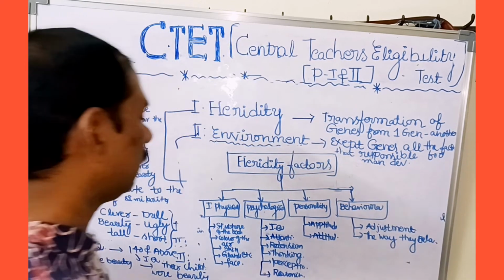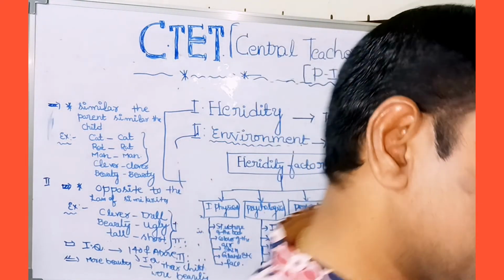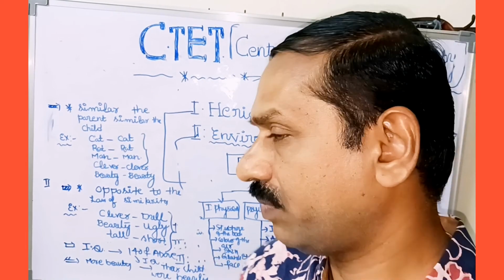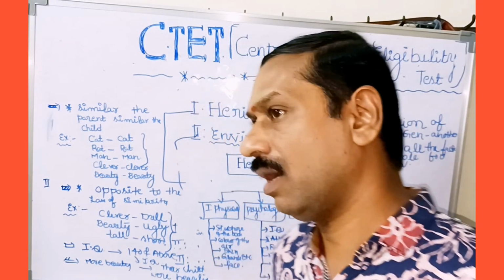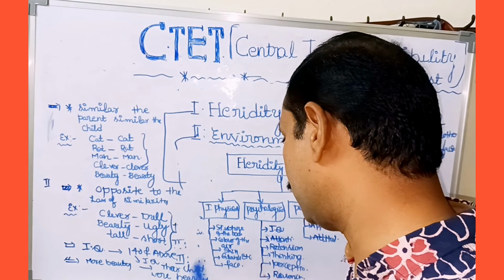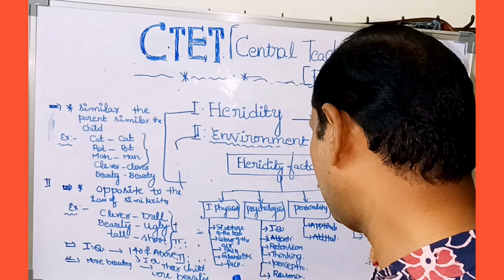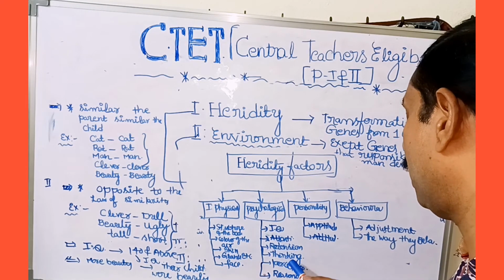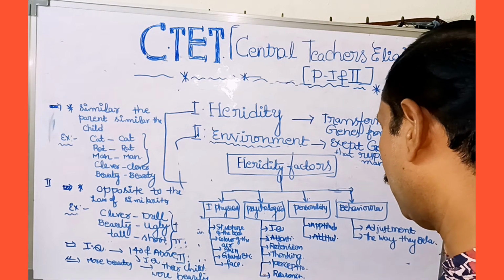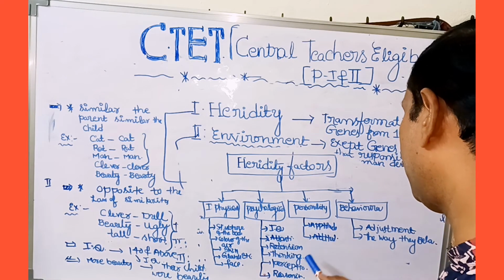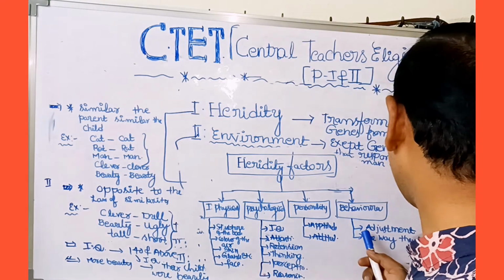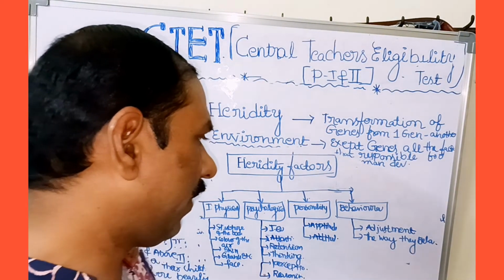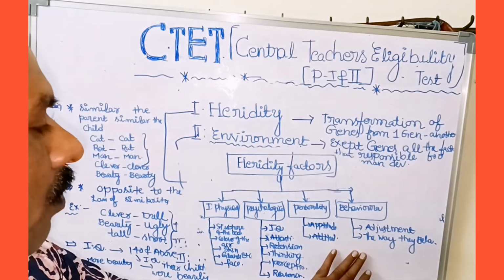So, heredity factors are broadly classified into four types, namely physical factors, psychological factors, personality factors, and behavioristic factors. Physical factors: structure of the body, structure of the face, color of the hair, color of the face, and other important factors. The next one, psychological factors: intelligence quotient, attention, retention, thinking, perception, and reasoning, etc. Coming to the personality factors, that is aptitude and attitude, and behavioristic factors: adjustment, and the way they are behaving, the way they are walking, etc. come under the behavioristic approach.